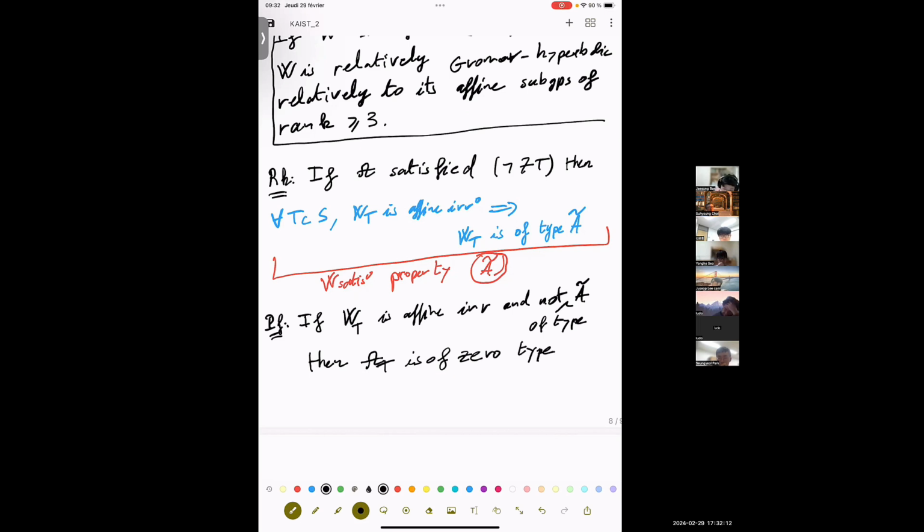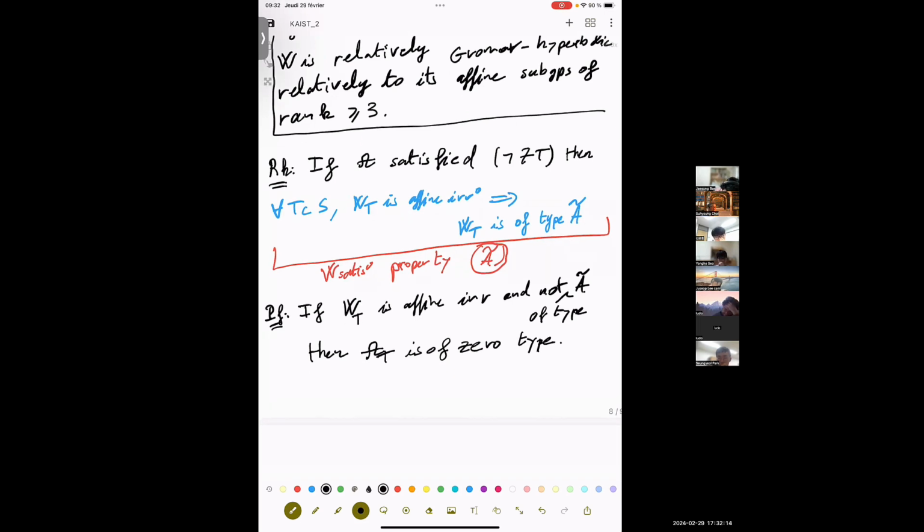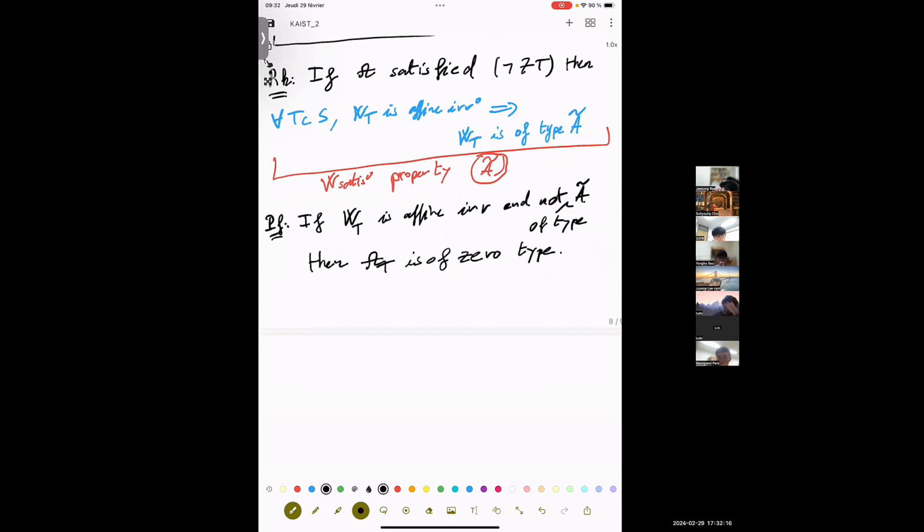And so it came from the fact that A tilde is the only affine Coxeter diagram which is not a tree.